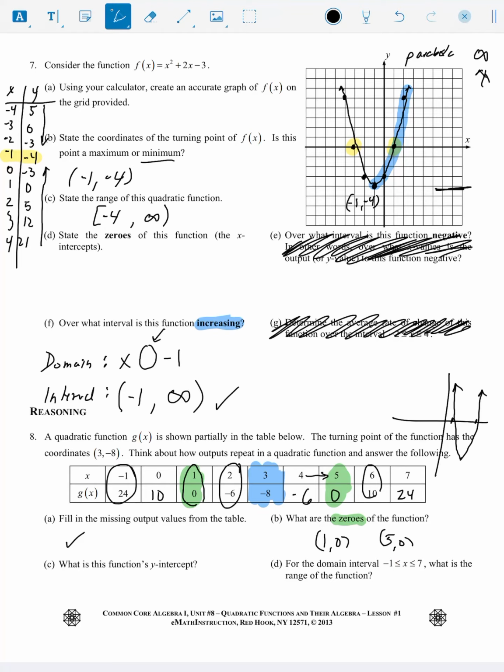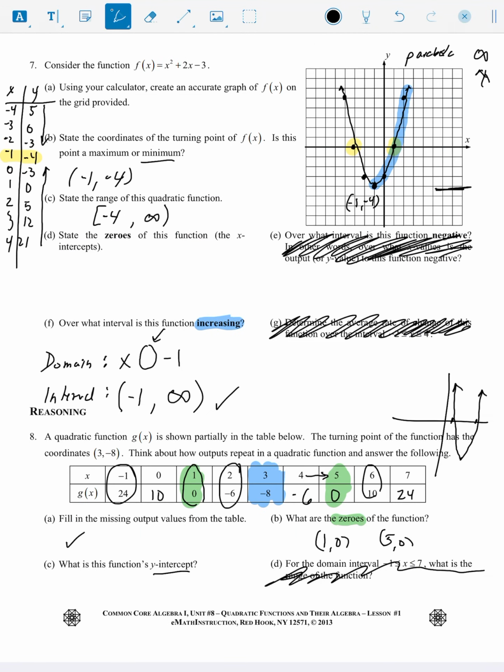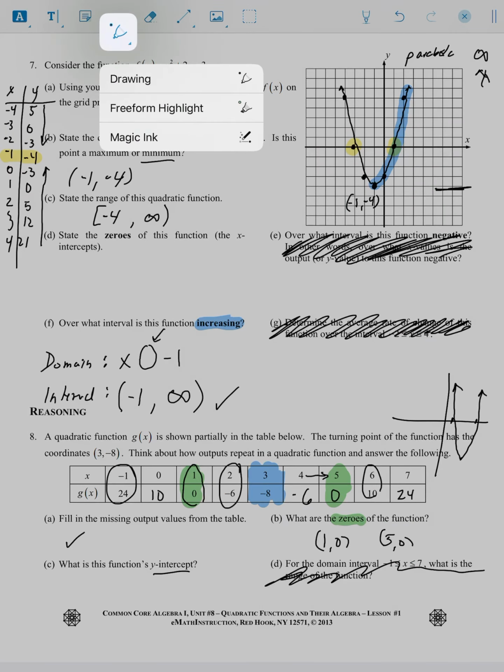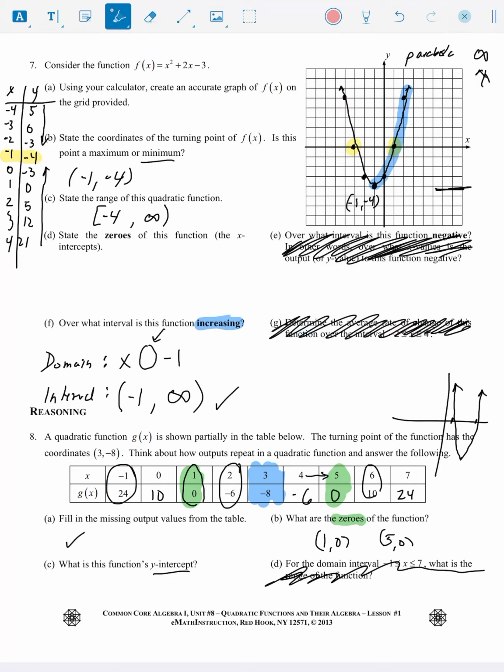The last thing that I want you to look at today, we're not going to do part D, but we are going to look at part C, the function's y-intercept, where it crosses the y-axis. This is a very simple idea that we've worked on since the beginning of the year. When is the x value equal to 0?